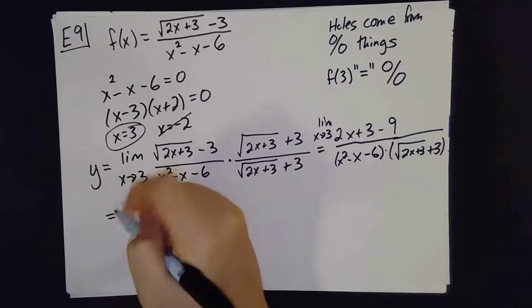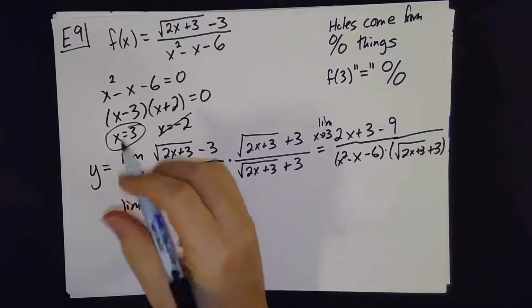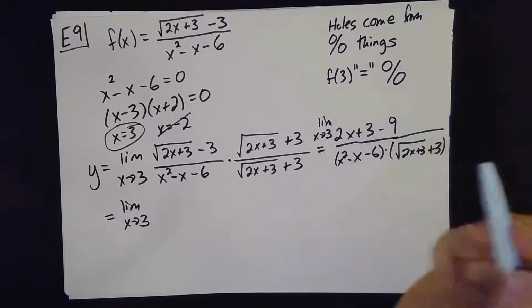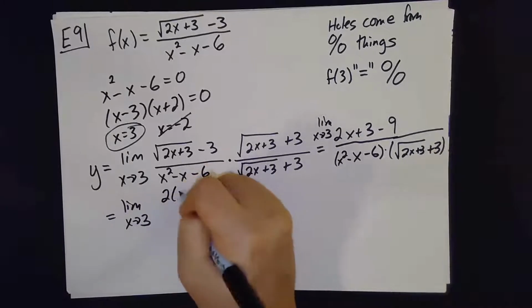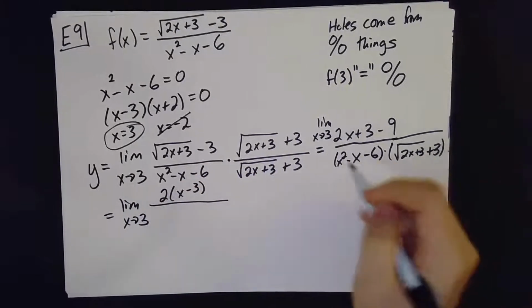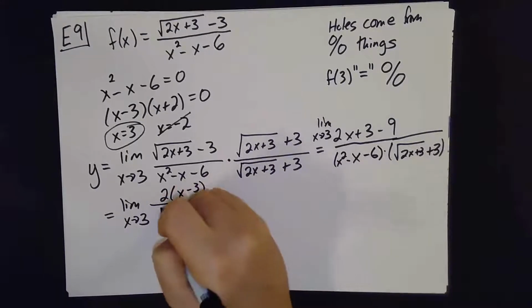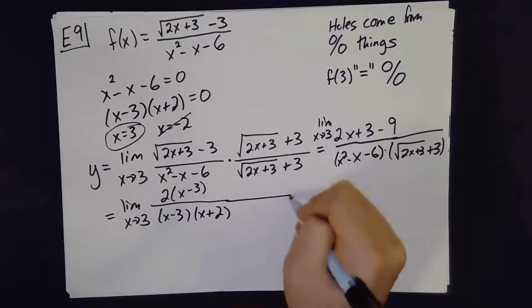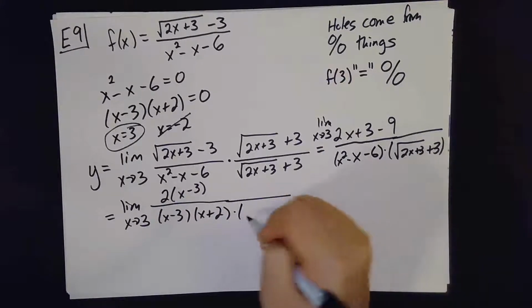So the numerator here will factor as 2 times x minus 3. And the denominator will factor, I actually already factored that, as x minus 3 times x plus 2 times this piece with the square root.